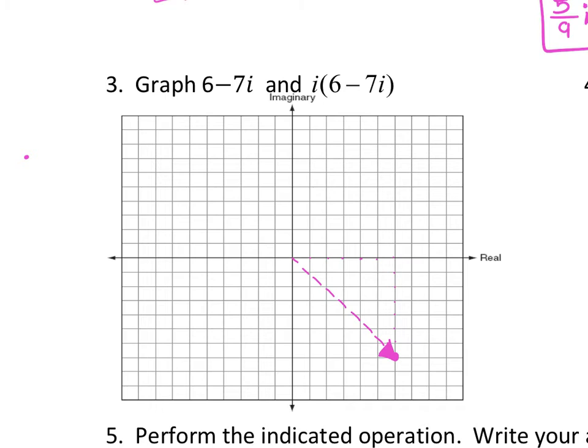Now, it says to graph also i times that. So we learned that from the very beginning that i is just a rotation 90 degrees. So if you're starting with this vector, that means that we want to rotate this vector 90 degrees counterclockwise.